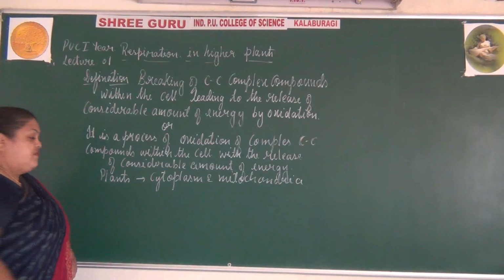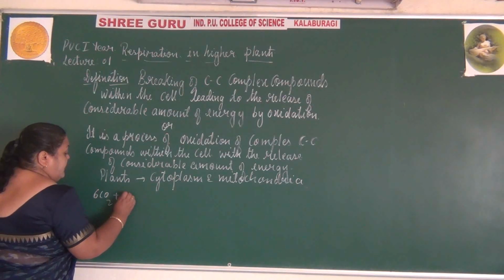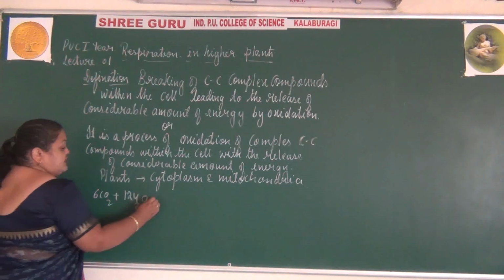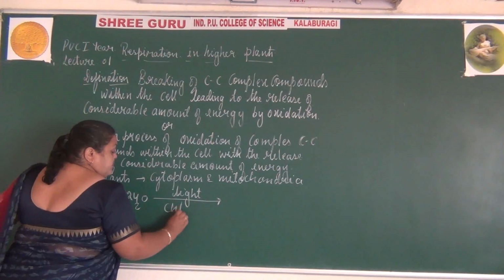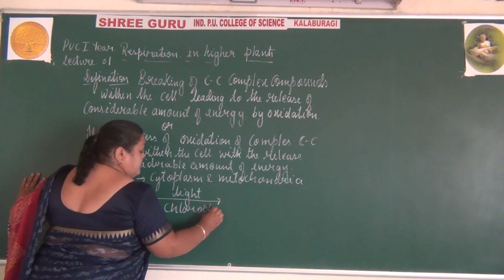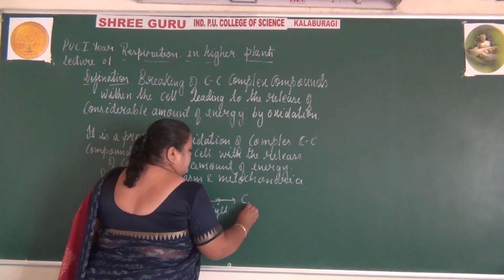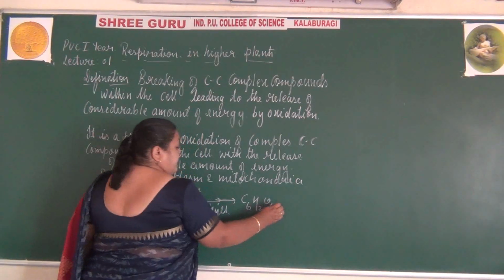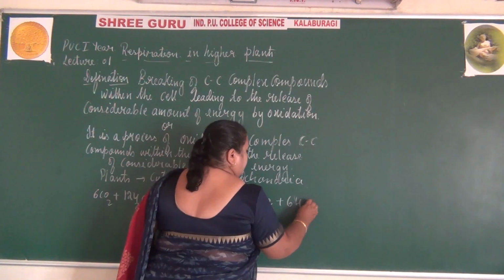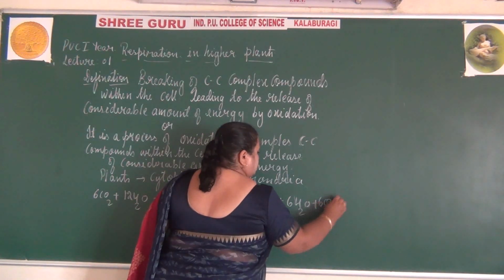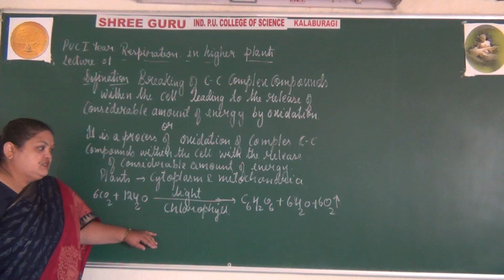In photosynthesis, we have seen that 6 molecules of carbon dioxide and 12 molecules of water, in the presence of light and chlorophyll, will lead to the formation of glucose, a carbohydrate, with the release of water and oxygen. This is the equation of photosynthesis.